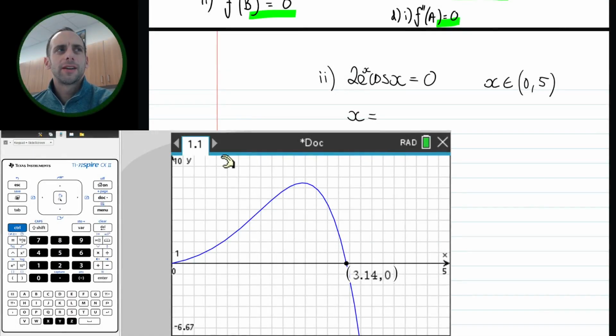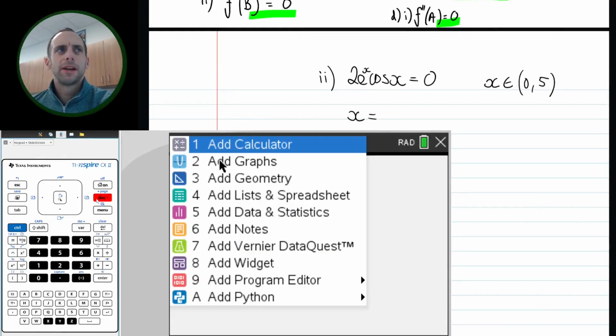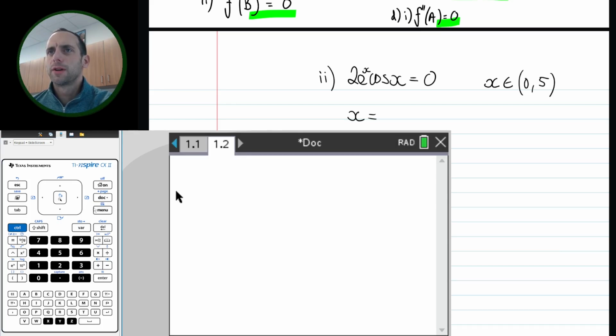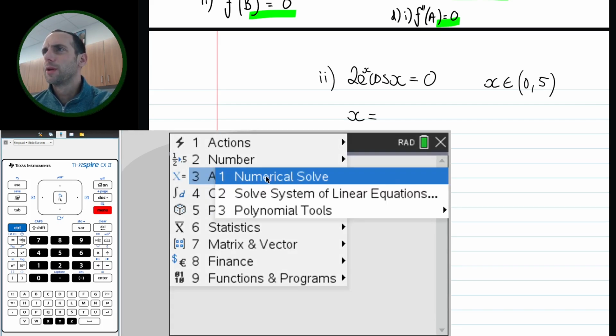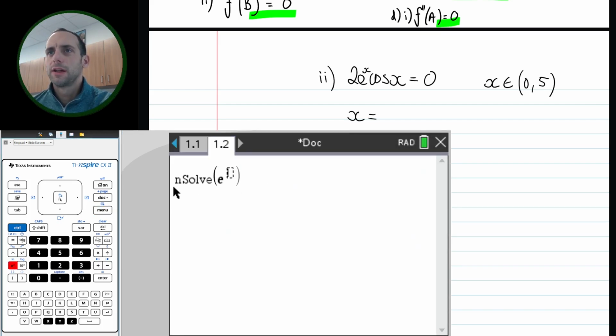So we come back to our calculator here, and we're going to insert a calculator page to solve this equation. We are going to go to our numerical solver, which is menu 3.1, and we are solving 2e to the x times, and then we want our trig function.